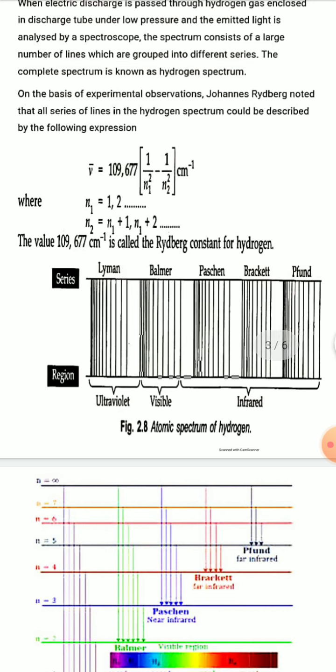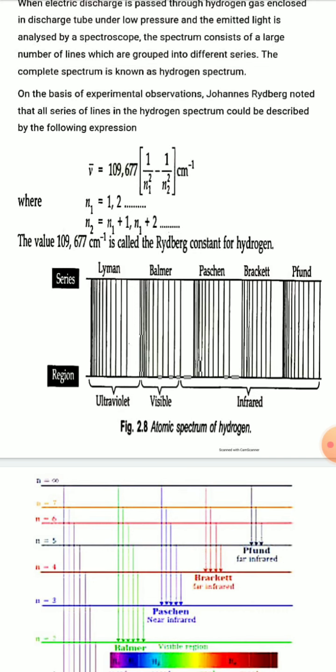And for all types of series, there is a mathematical expression. By using this expression, you can calculate the wave number of each type of radiation. So the mathematical equation is nu bar, the wave number, is equal to 109677 into 1 by n1 square minus 1 by n2 square, where n1 is 1, 2, 3, 4, 5, 6, 7, and n2 is n1 plus 1.